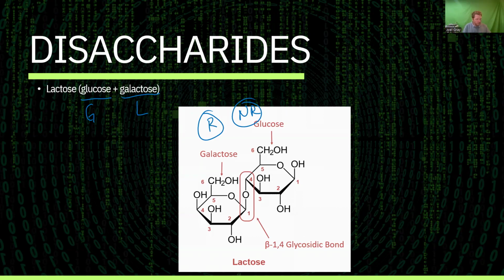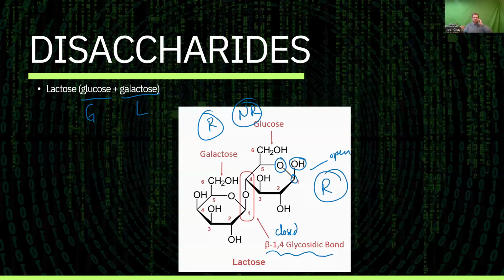So when we look at this sugar right here, we've got a beta 1,4 glycosidic linkage. This glycosidic linkage is a closed end, so that is not a reducing end. Then if we look at glucose, the oxygen, the anomeric carbon, and then an OH. That's an open end. Therefore, this disaccharide is a reducing sugar.